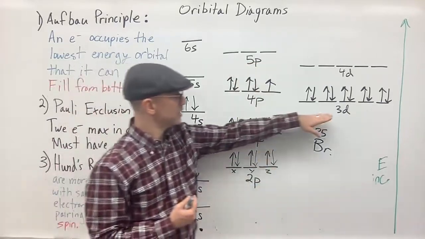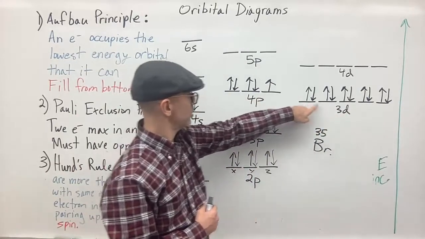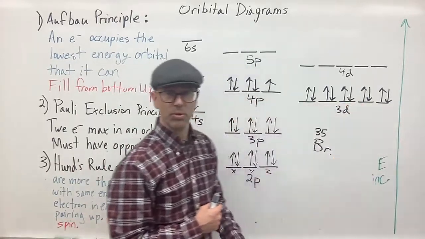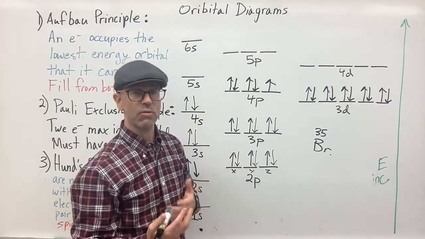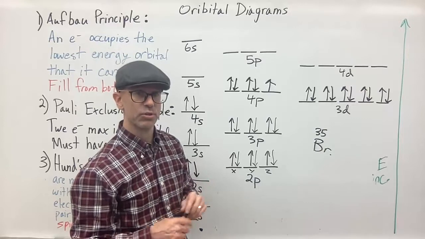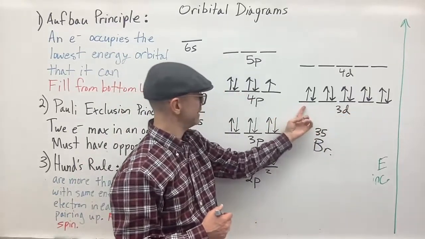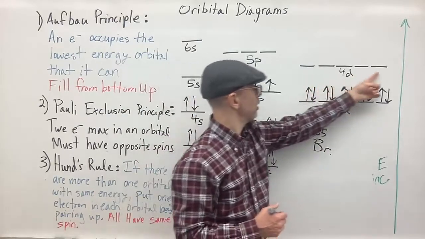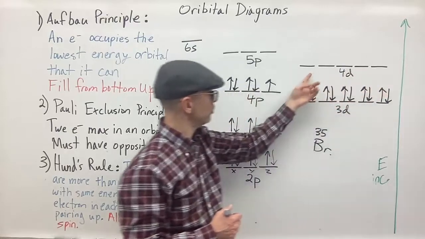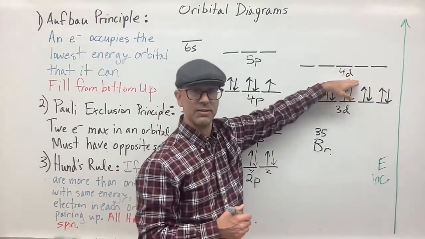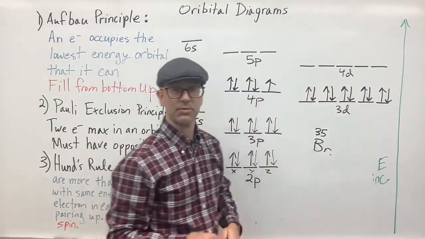And then when we get to the d sublevel, this 3d sublevel has 1, 2, 3, 4, 5 orbitals, 5 d orbitals. Since all 5 d orbitals can hold a maximum of 2 electrons, the total number of electrons is 10. Same thing for this one as well. This has 5 d orbitals in this sublevel, the 4d sublevel, and so this can also hold a maximum of 10.